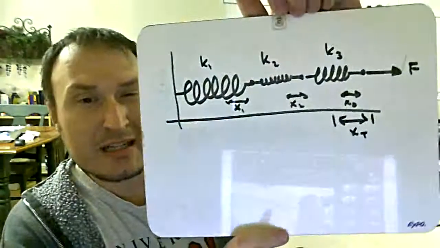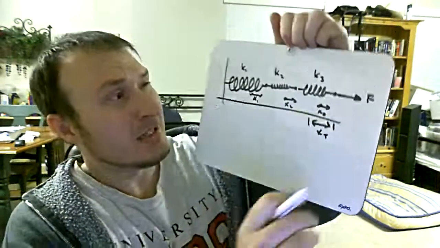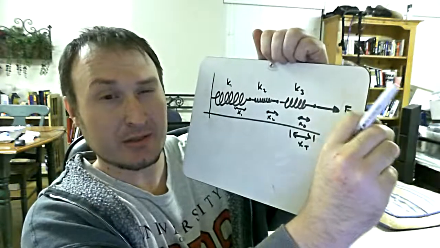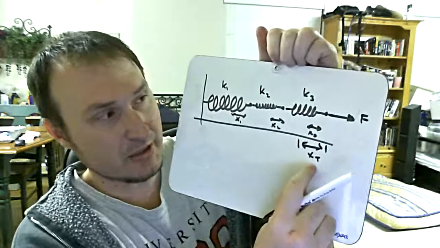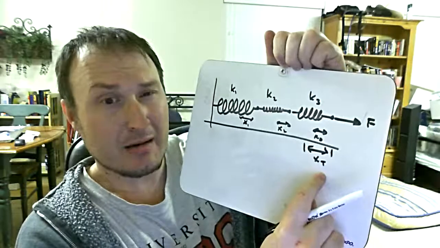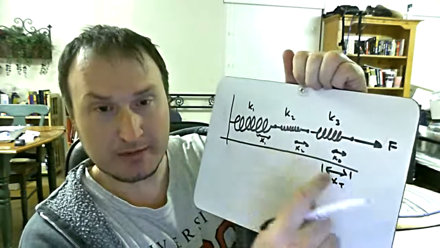I think the more interesting of the situations is when you connect these springs in series. So if you do something like this. If I'm pulling out here or attaching a weight or whatever to extend this spring by some distance, which I'm calling x sub t, the total distance, I'm going to stretch all of the springs, and they're going to potentially move different distances.